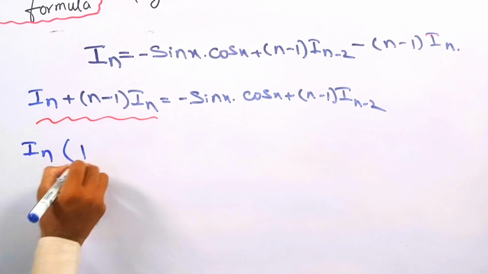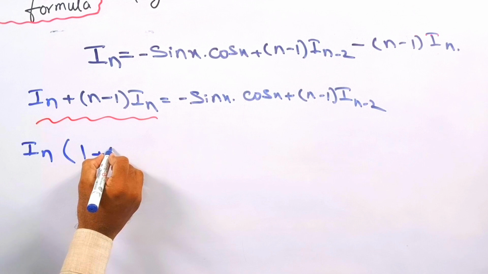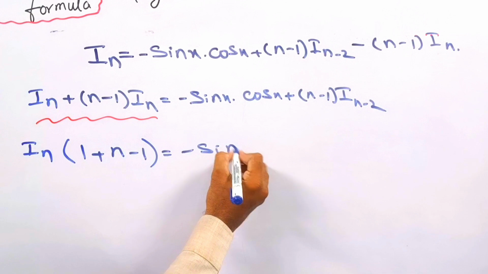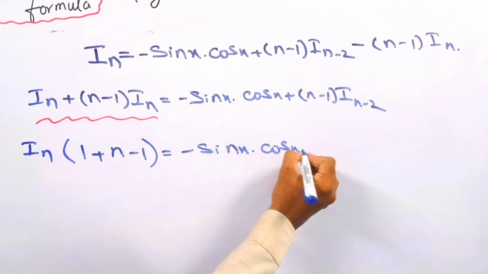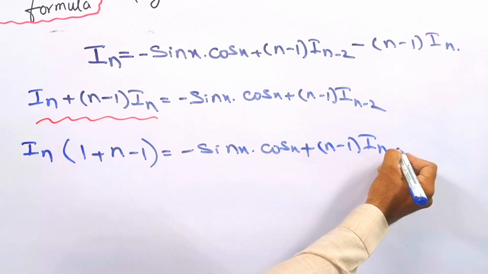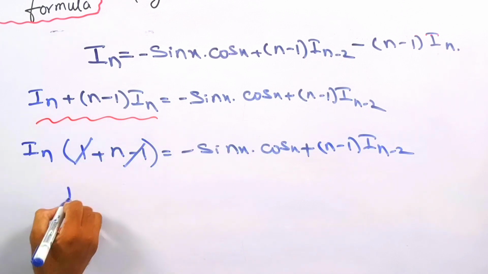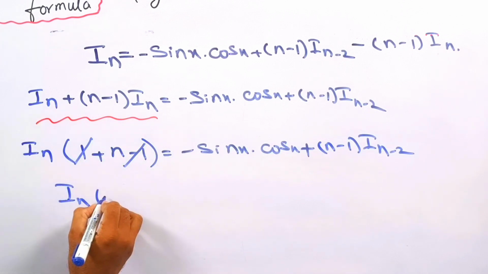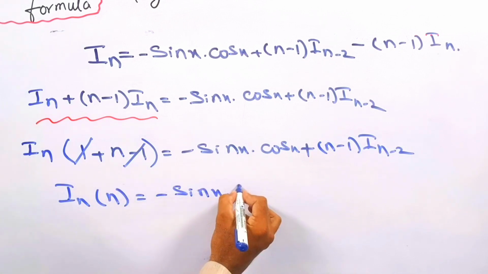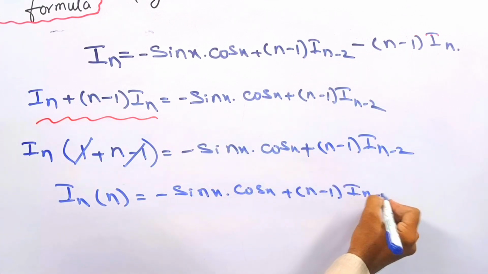Then I_n times 1 will be I_n plus. I_n is already out, so remaining will be (n minus 1). Now minus 1 plus 1 gets cancelled, remaining is only I_n into n equals minus sin x into cos x plus (n minus 1) I_(n-2).